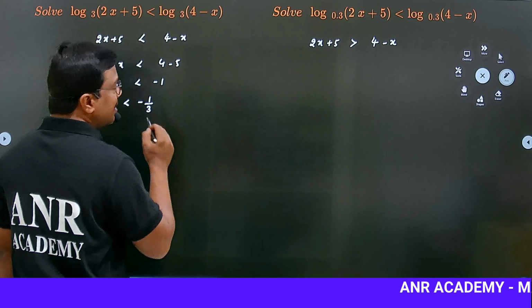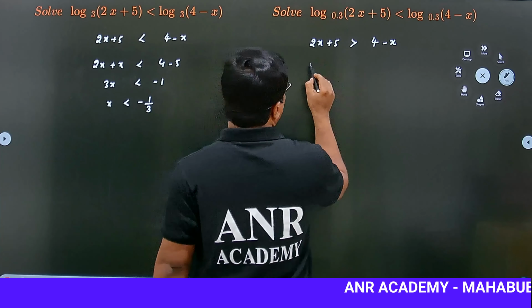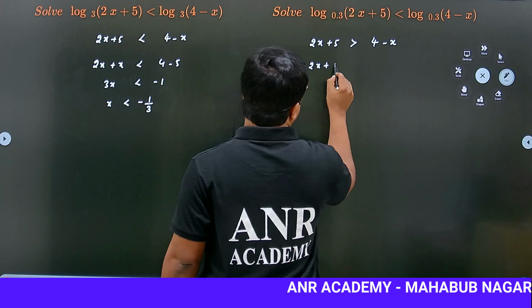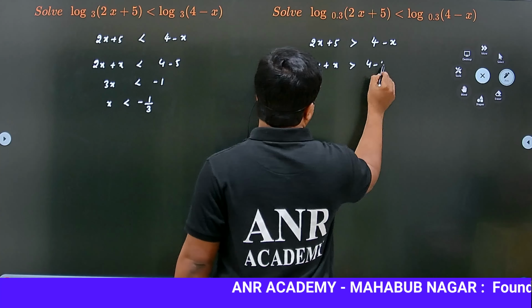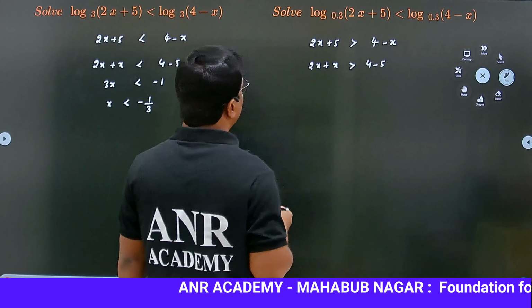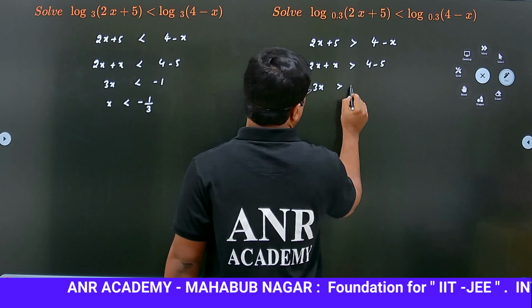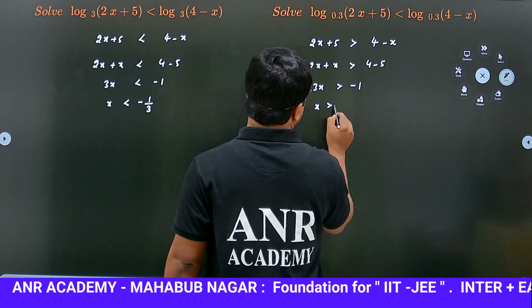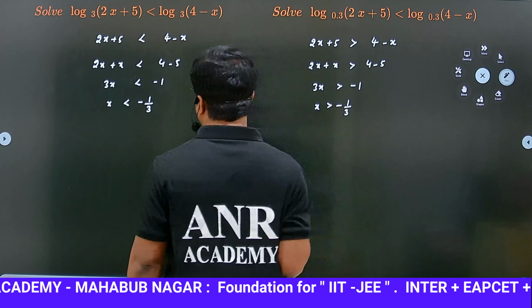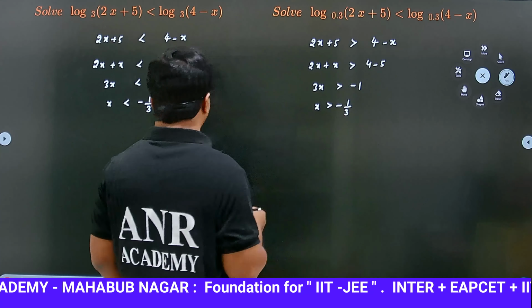And here 2x plus x more than 4 minus 5, next 3x is greater than minus 1, x is greater than minus 1 by 3. Here you have x value less than minus 1 by 3, but there you have x value more than minus 1 by 3.